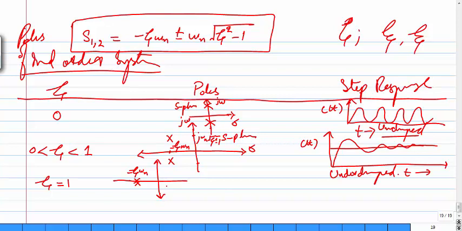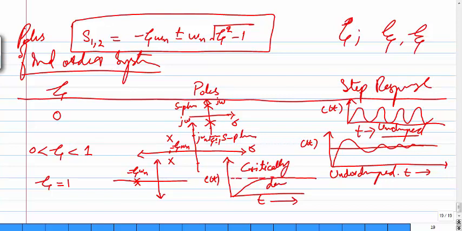Now if we look at the response for a step input, it will look like this. This is known as critically damped. It has no overshoot, so overshoot is 0.